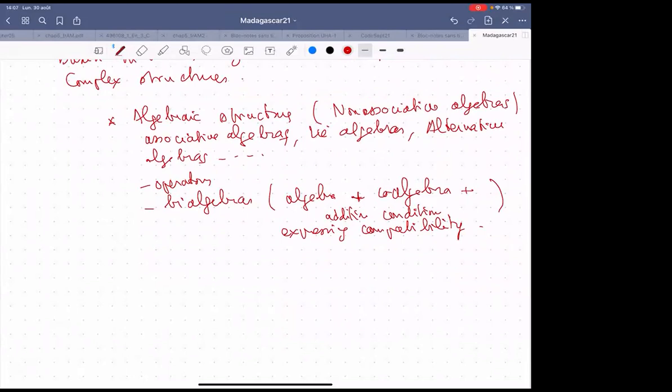And this is the first ingredient I was talking about, and the second ingredient is formal power series.